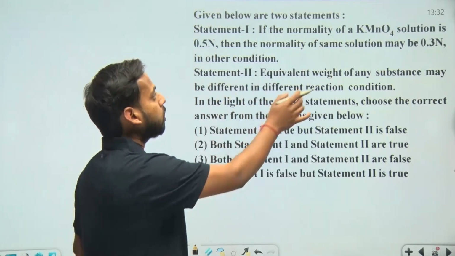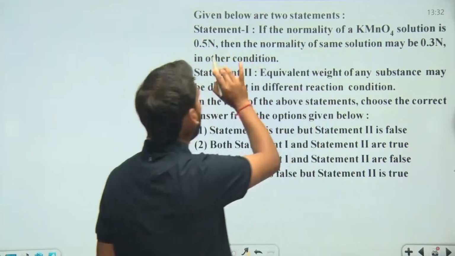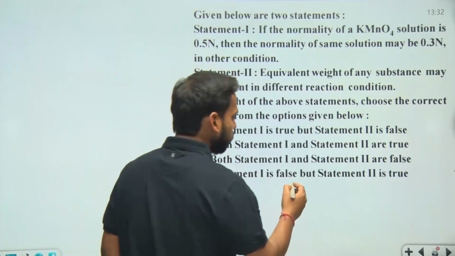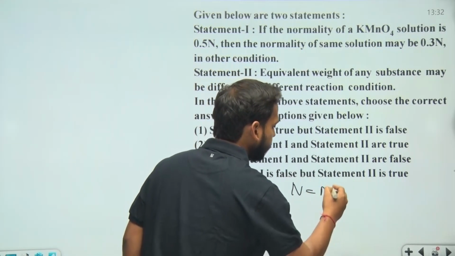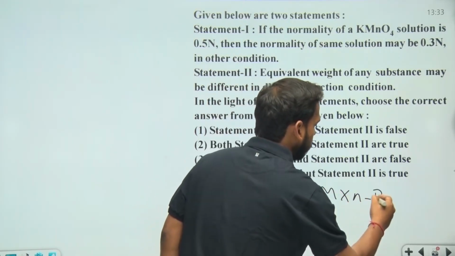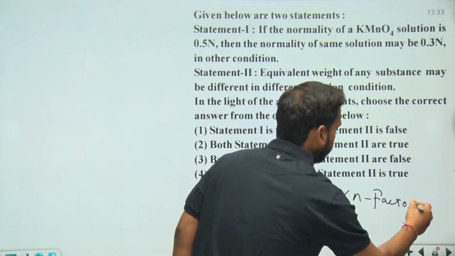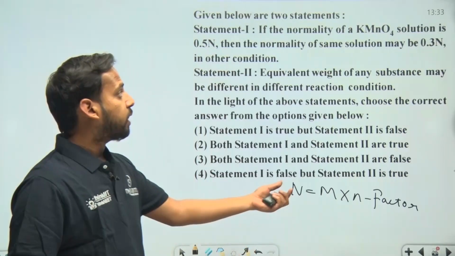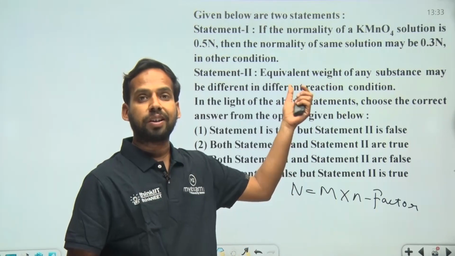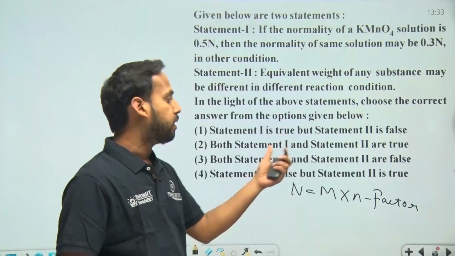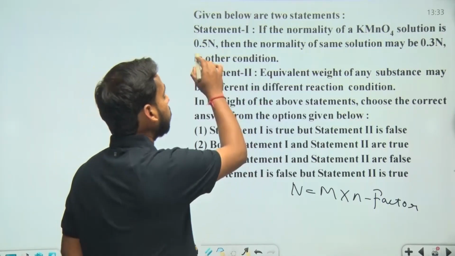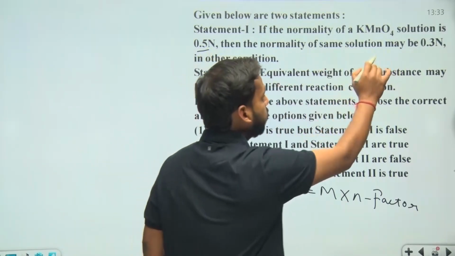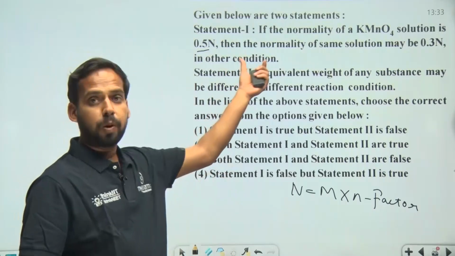Statement 1: the normality of a KMnO4 solution is 0.5 normal. What is normality? Normality is equal to molarity times n factor. The n factor varies according to the condition, whether it is an acidic medium, a basic medium, or a neutral medium. So it will vary according to the medium condition. So statement 1 is correct.